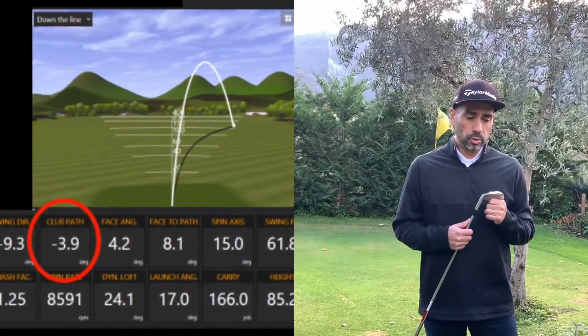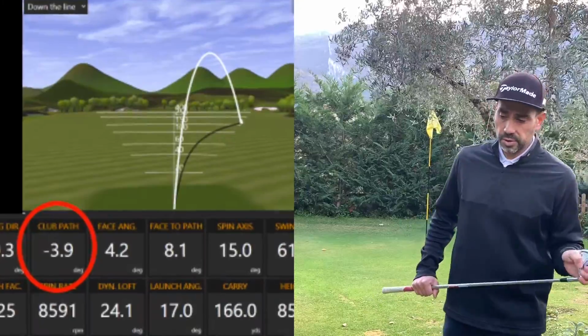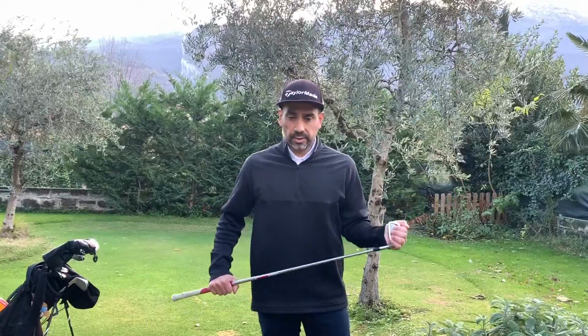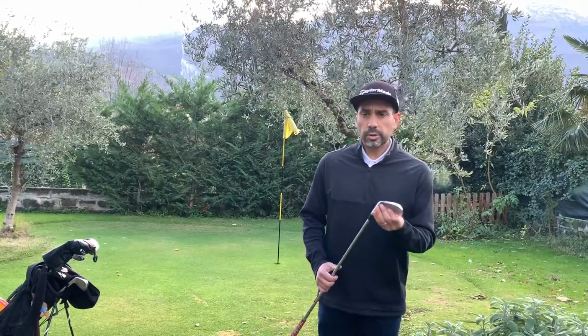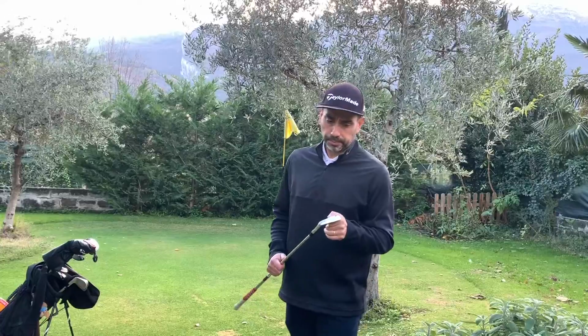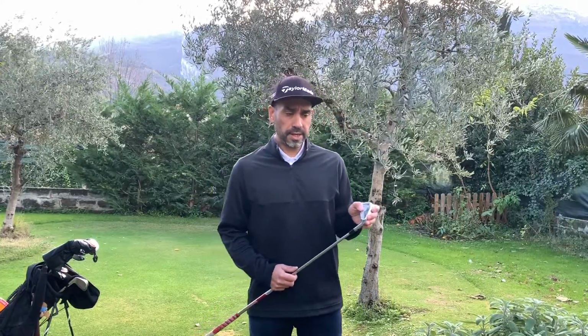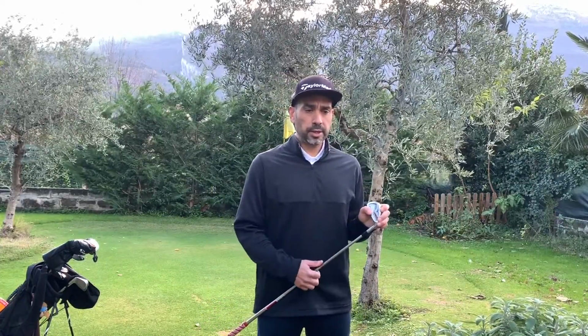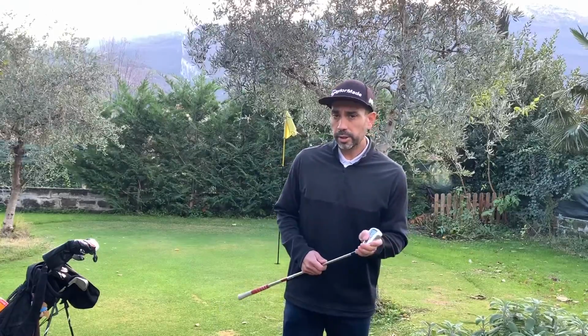So you're looking for something extreme, like negative 11 degrees, then you're definitely coming over the top. I think these numbers are quite useful. And sometimes, like I said before, you just look at the carry distance, so it doesn't matter how you get in there. So I think it's good to look at these numbers.